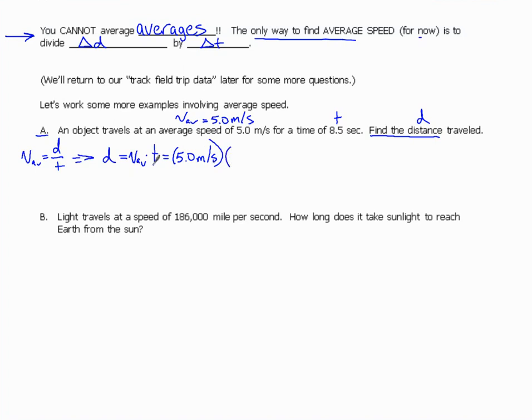Times the time, which we have as 8.5 seconds. So if you're paying attention to the units, the seconds will cancel, and that leaves us with an answer that is strictly in meters. So calculator answer, 42.5 meters.